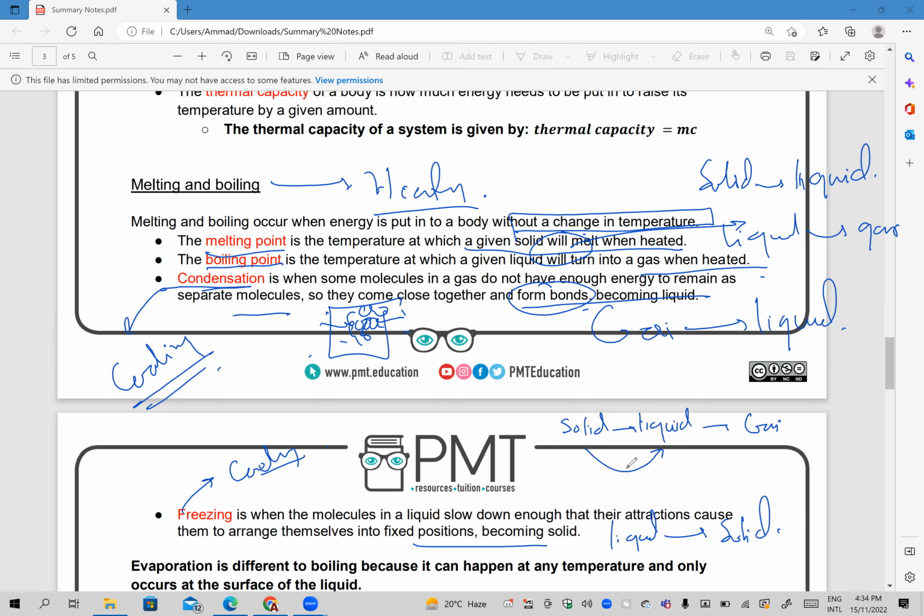Solid turns into a liquid through melting. Liquid turns into a gas through evaporation or boiling. Gas then turns into a liquid through condensation. And liquid turns into a solid through freezing. Okay, so this was important.